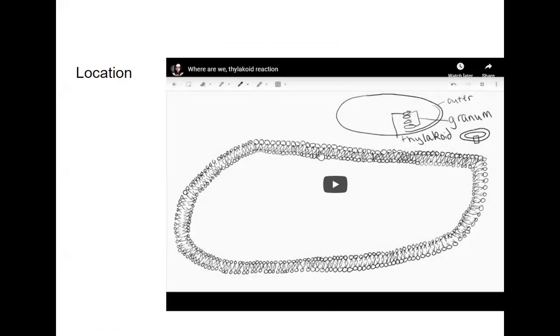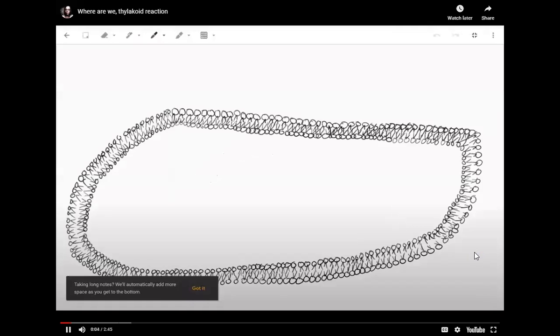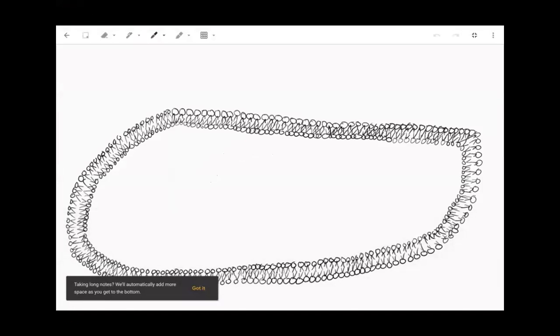This is something that I have drawn for you all, and so it's available. All right, so we are drawing the thylakoid reaction, and what we're going to do is orient ourselves.